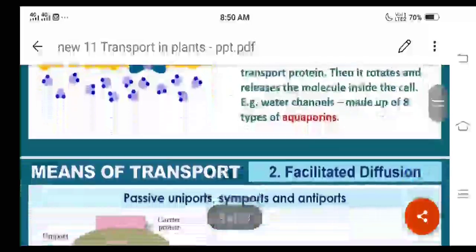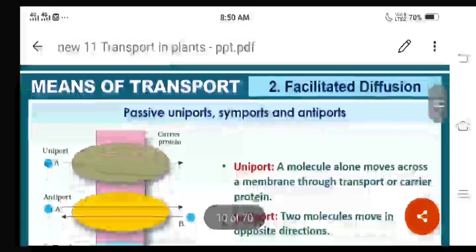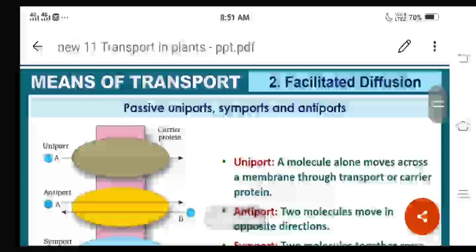Then next point. Here we can mention the passive uniports, then symports and antiports.